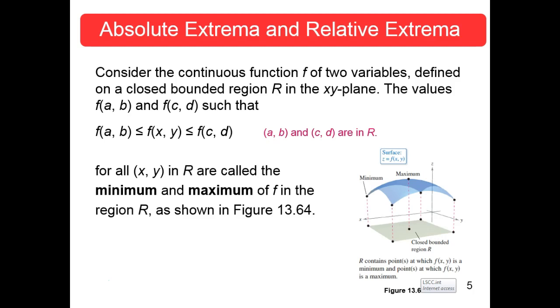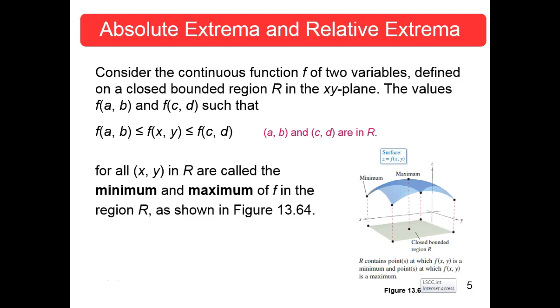Okay? Now, (a,b) and (c,d) are both in R, for all x, y in R, and are called the minimum and the maximum values in the region. It would help if they showed what they were talking about, but we'll get to that in a minute.